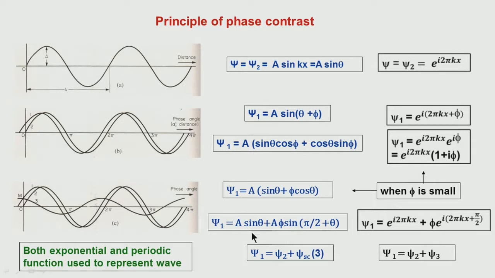So the scattered wave can be considered as A sin theta, which corresponds to the initial wave, plus A phi, which is the amplitude of a wave shifted by 90 degrees with respect to the initial wave.